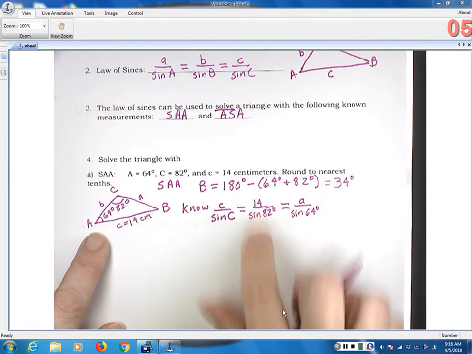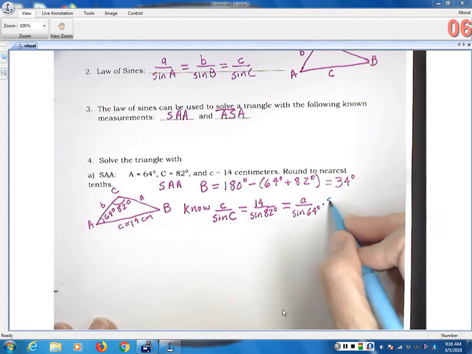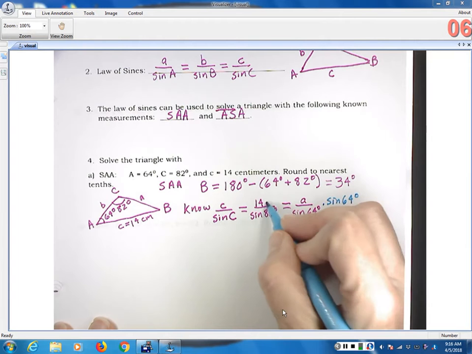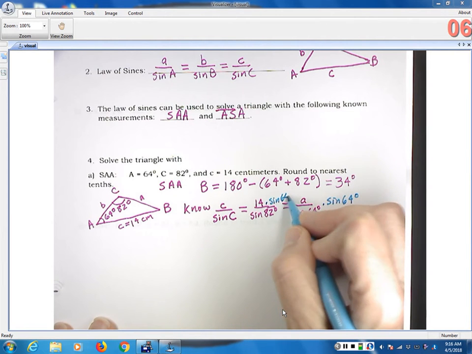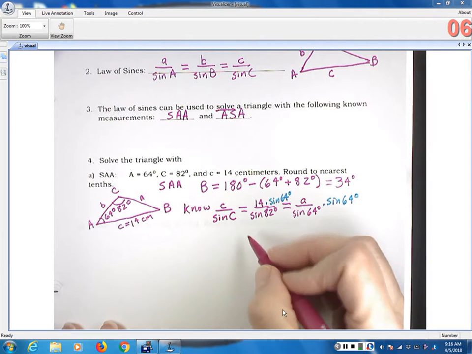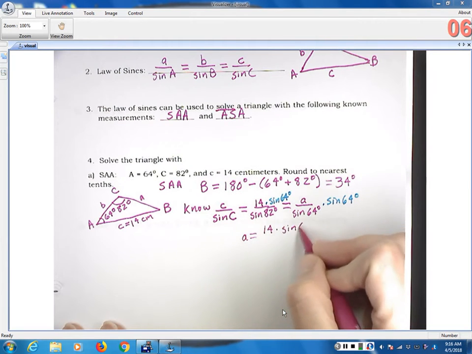So you can cross multiply, or you can multiply through by sine of 64 degrees. So our a is going to be 14 times sine of 64 degrees divided by sine of 82 degrees.